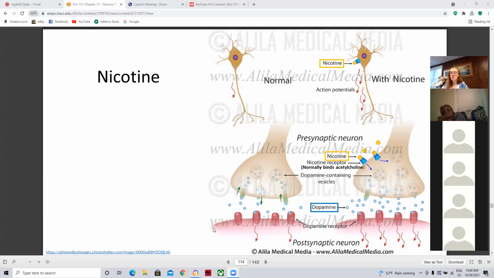So rather than just having acetylcholine bind to its receptor, now we're introducing a drug that causes more activation of acetylcholine receptors because it mimics the structure of acetylcholine, resulting in the more release of dopamine.